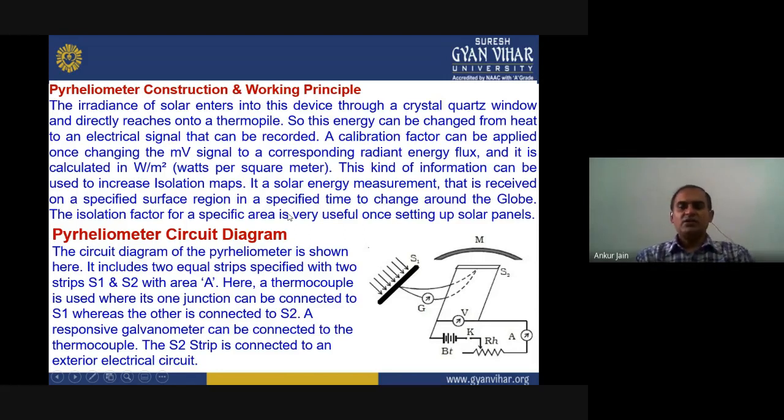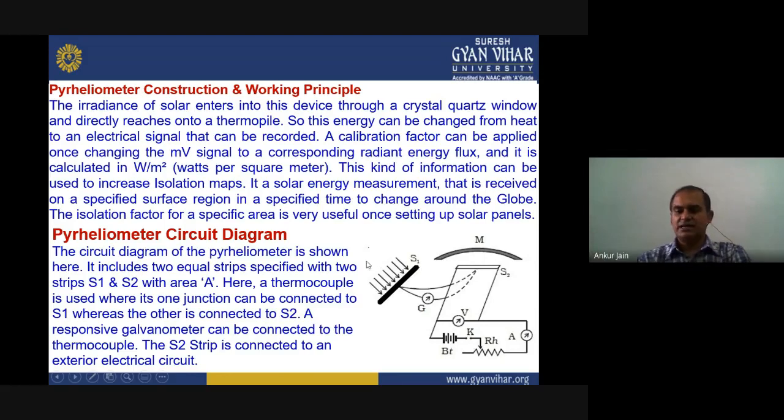This kind of information can be used to create an insolation map in a solar energy measurement that is received on a specified surface region in a specified time around the globe. The insolation factor for a specific area is very useful when we set up solar panels on our house or any other commercial places.